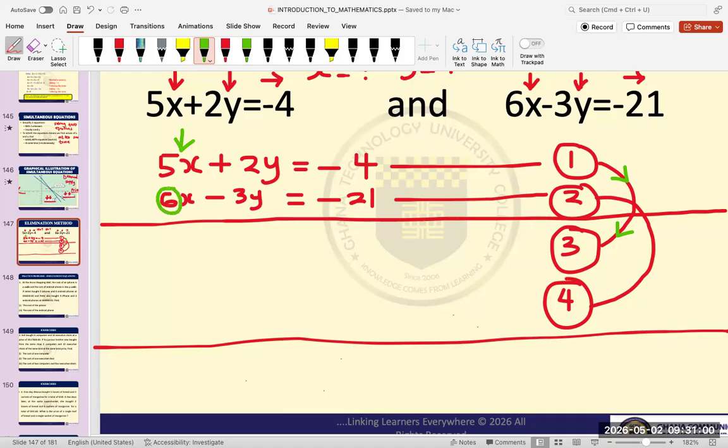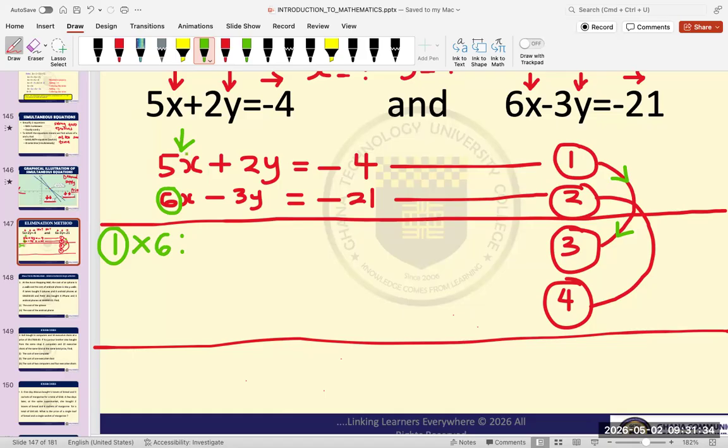I repeat, when you want to change equation 1 to equation 3, stand on equation 1. So we are standing on 5x. When you look down, you are seeing 6 here. Now this 6 you are seeing, multiply the whole of equation 1 by 6. You pick equation 1 and multiply the whole of it by the 6 you are seeing here.